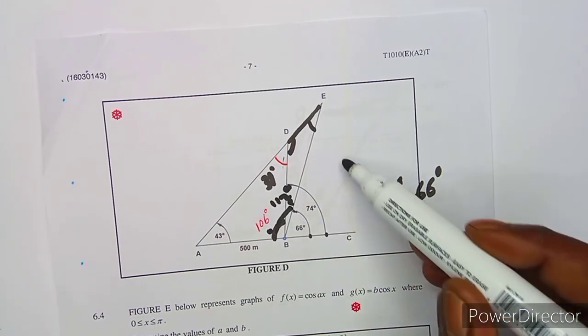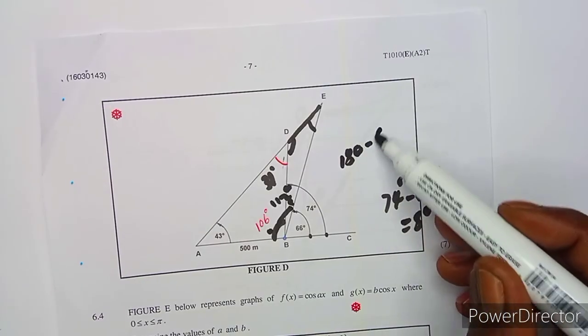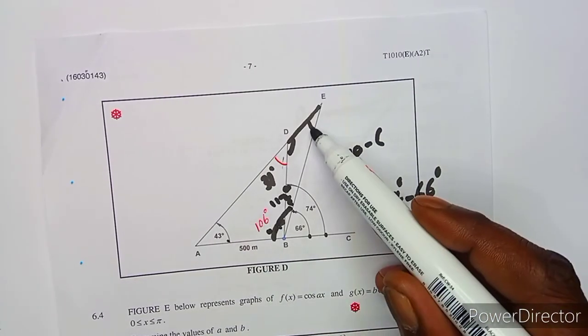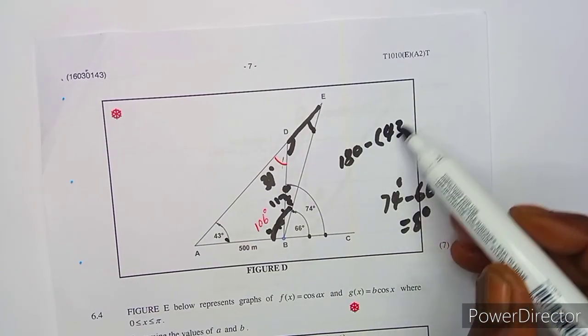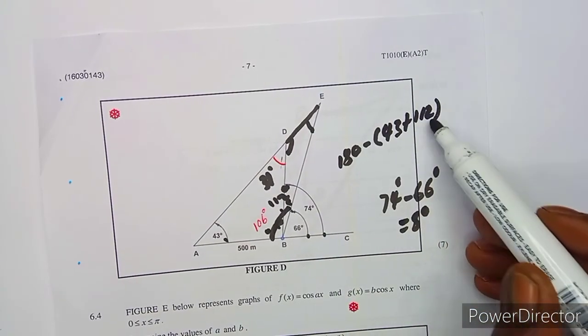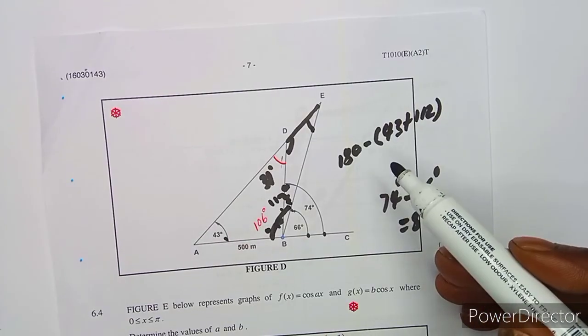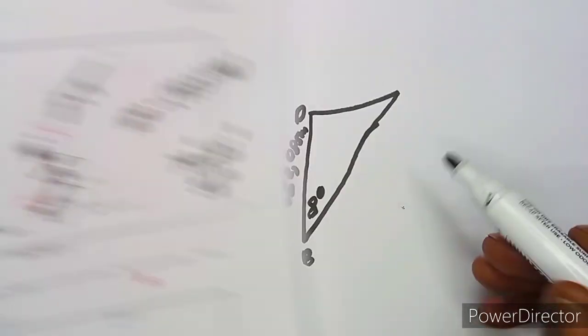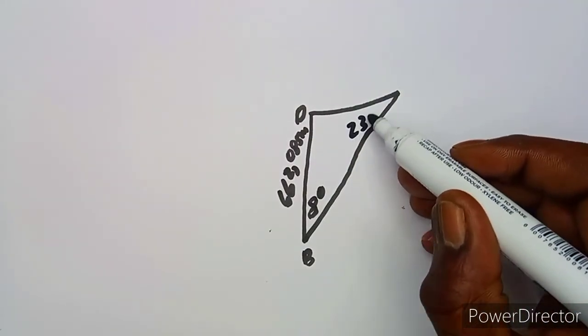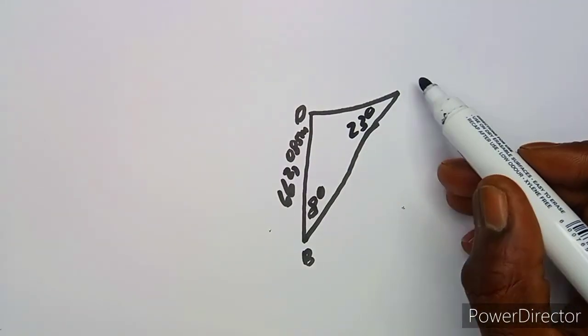So it's 180 minus these two angles to find this one, which is 43 plus 112, giving us 23 degrees. So this angle will be 23. Remember this is our E.